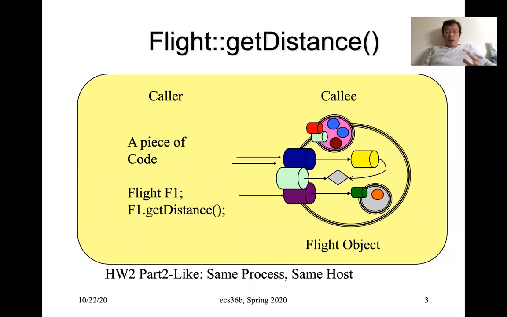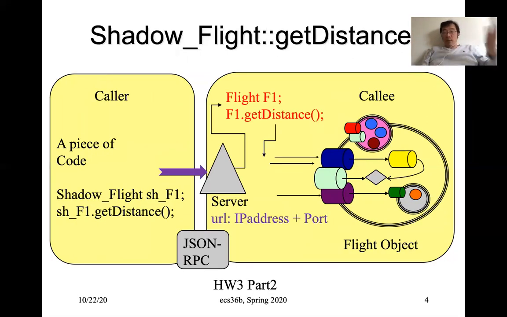The difference between 2 and 3 is that you still need to create this in advance, but the creation of the flight F1 object was done in a separate process on the server side.